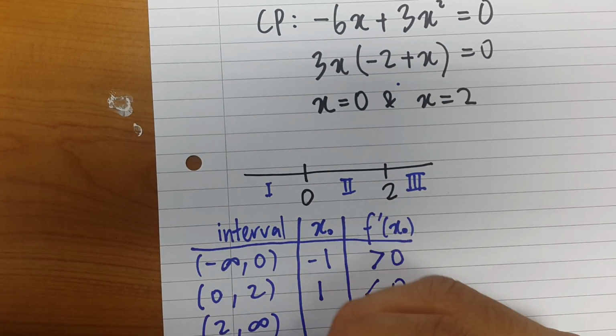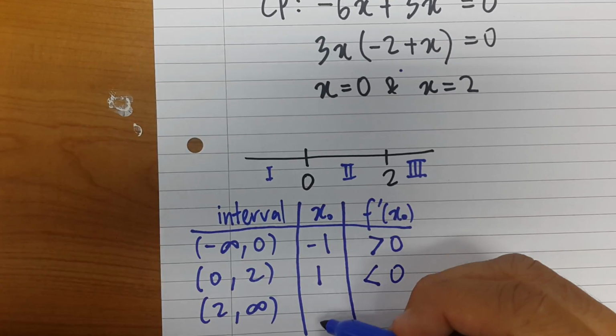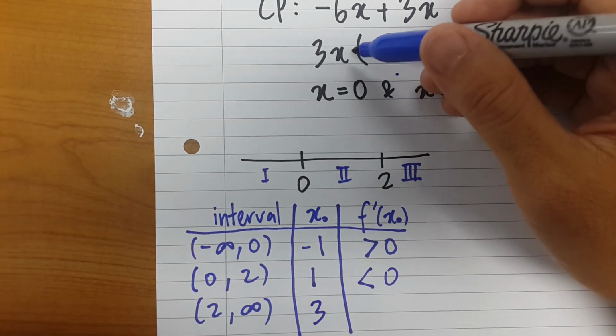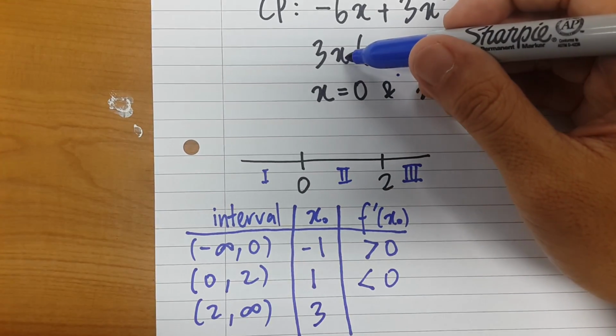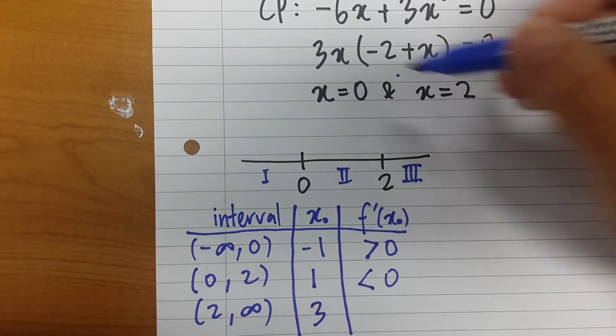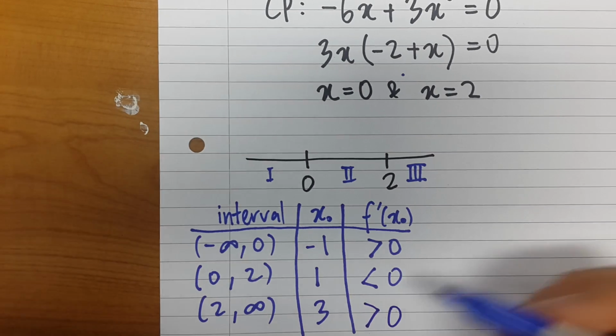And for the last interval, we are going to choose the number 3. Substitute 3 here, we are going to get a positive. And substitute 3 here, we are also going to get a positive. Positive times positive is positive. Right?